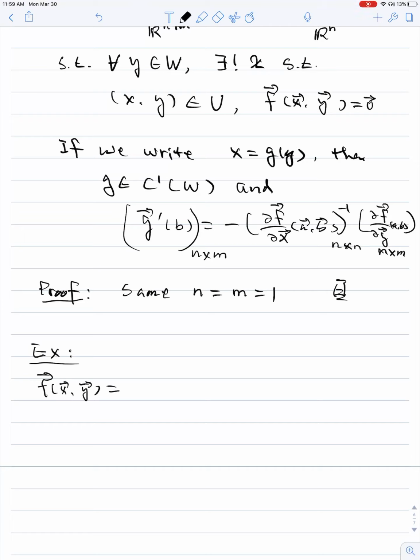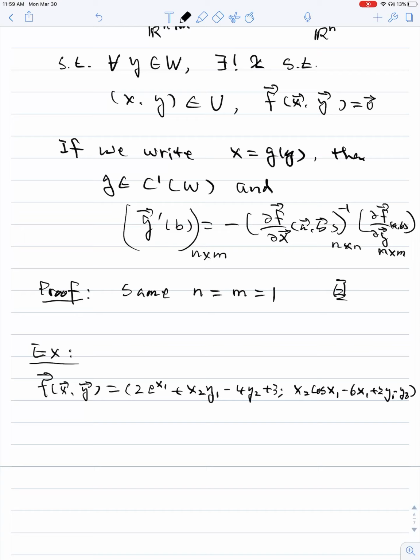It is defined with this formula: 2e^{x1} plus x2 y1 minus 4y2, and cosine x1 minus 6x1 plus 2y1 minus y3.